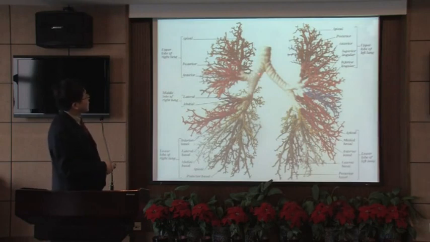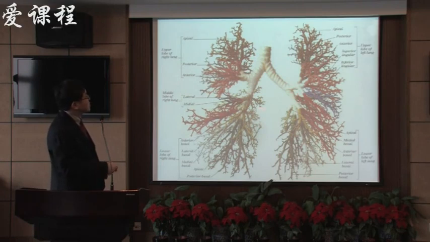On the right side there are 3 parts: this is the upper bronchus, this is the middle bronchus, and this is the lower bronchus. On the left, this is the upper lobe bronchus and this is the lower lobe bronchus. This anatomy helps us learn about the injury.